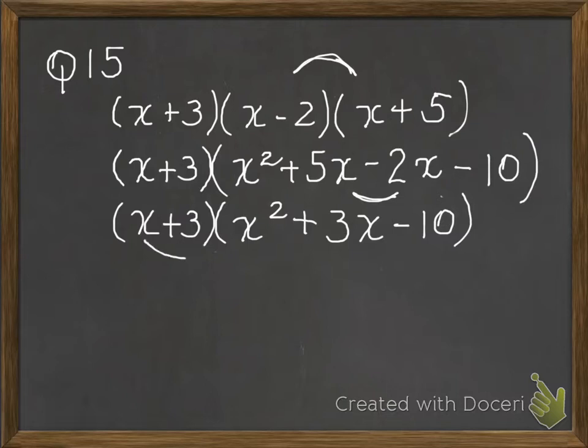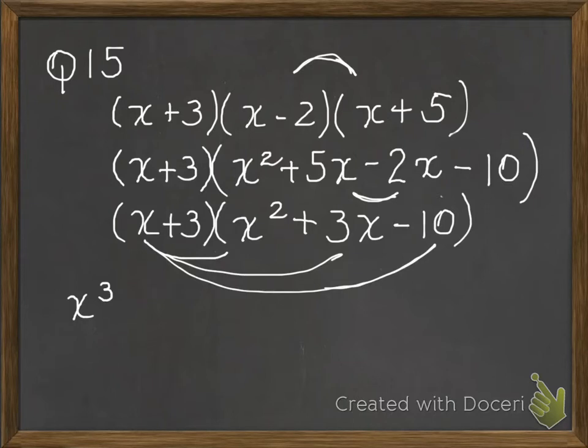I'm going to do the first times the first, the first times the second, and the first times the third. And then I'll do the second times the first, the second times the second, and the second times the third. So x times x squared is x cubed. We're multiplying like bases, so we add the exponents. We add this 1 to the 2. Okay, so we have x to the third.